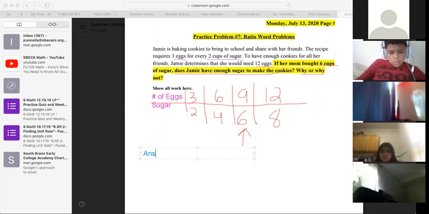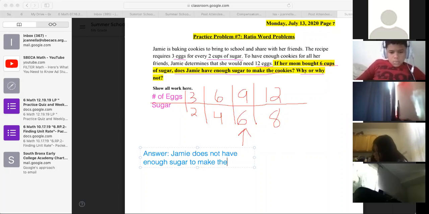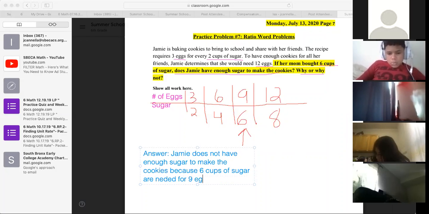At the bottom of your paper, it says answer. We're going to write, Jamie does not have enough sugar to make the cookies because, and you can write this on the lines, 6 cups of sugar are needed for 9 eggs.